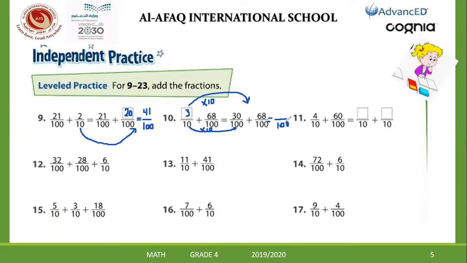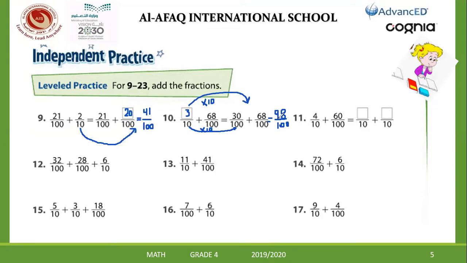What about the numerator? We have to add the numerators together. So 0 plus 8 will be, great, 8. What about here? 3 plus 6 will be 9. The total numerator is 98 over the same denominator, 100.